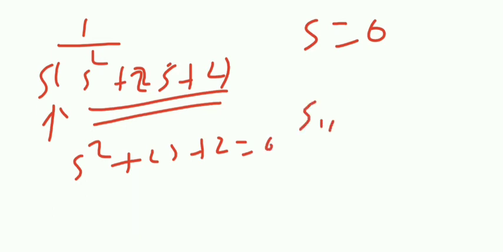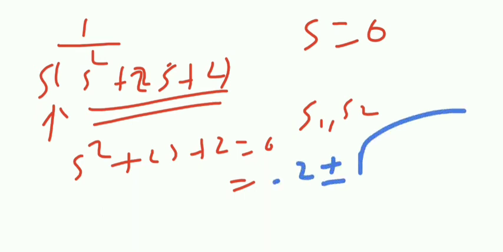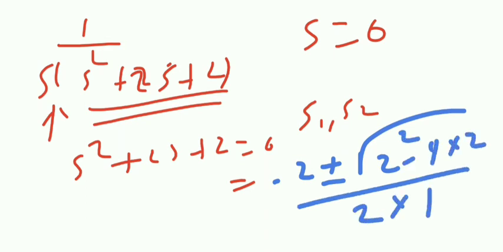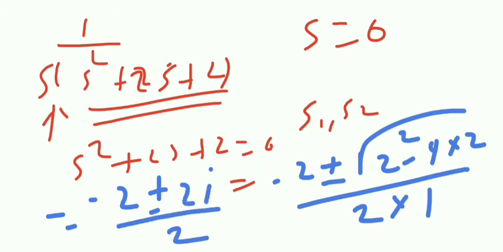So what are my s1 and s2? That is equal to minus b plus or minus root of b squared minus 4ac, divided by 2a. That is equal to minus 2 plus or minus root of 4 minus 8, which is minus 4, that means 2j, divided by 2. That is equal to minus 1 plus or minus j.